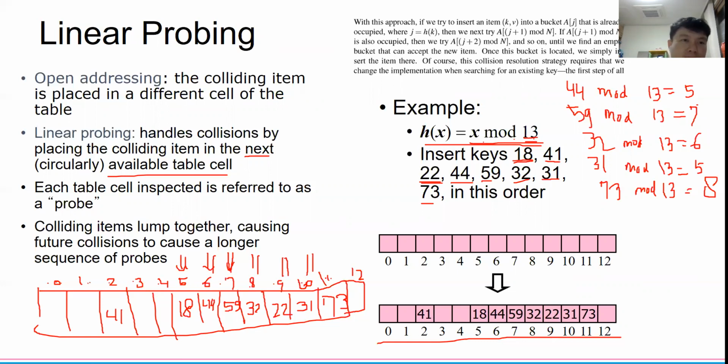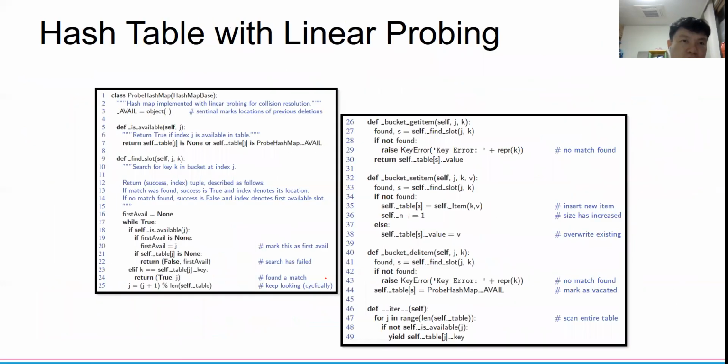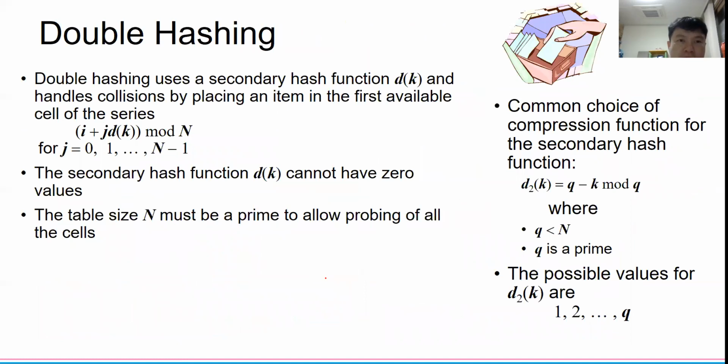But if we are doing double hashing, it can be more efficient. So in double hashing, the first available is just using i plus j dk, where dk means the double hashing, and then we will do mod n.